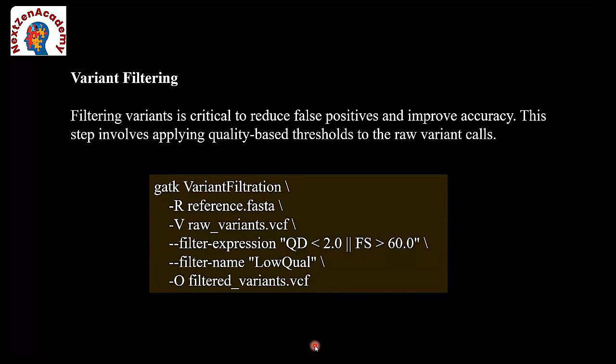So the command is gatk HaplotypeCaller, reference FASTA, input is the recalibrated read BAM, output is VCF.gz, and -ERC GVCF. So the output should be GVCF.